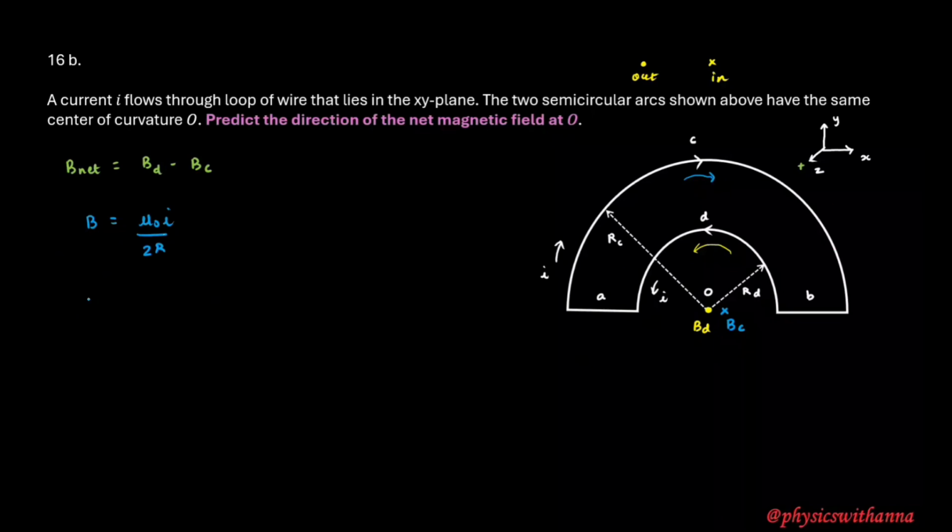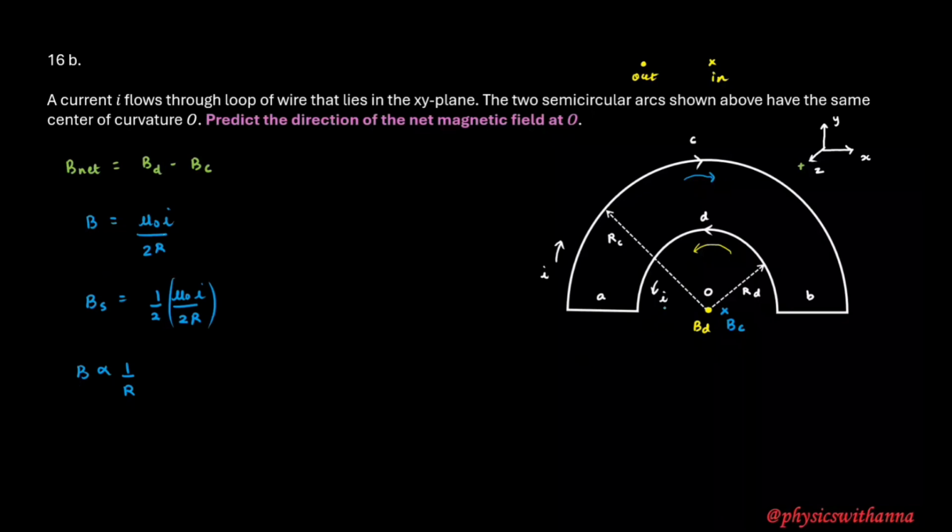So magnetic field for semicircles will be 1 over 2 times mu 0 I over 2R. Now this shows that the magnetic field is inversely proportional to the distance r. Inversely proportional means magnetic field will decrease as r increases. So if r is greater, magnetic field for that quantity will be smaller.